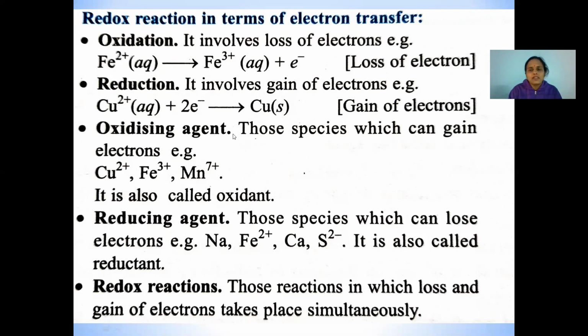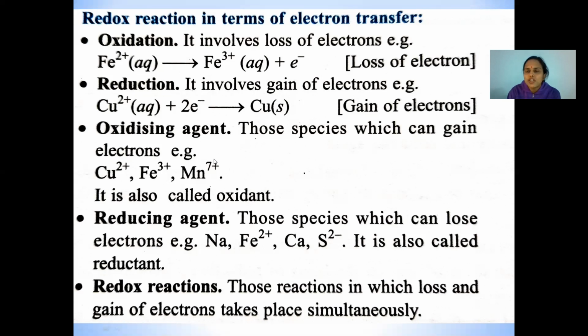Next, I come to the oxidizing agent. Oxidizing agents are species which can gain electrons, and they are also called oxidants. Examples: Cu in +2 state, iron in +3 state, Mn in +7 state act as oxidizing agents.